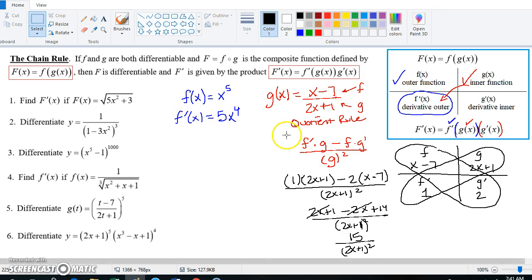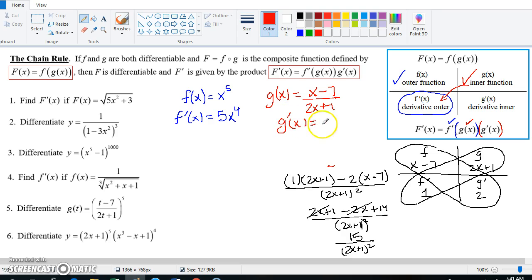Okay, I'm going to clean up some of this space here, and I'm just going to say the derivative of my g of x function, the quotient, turned out to be a nice and simple rational expression, 15 over 2x plus 1 squared.